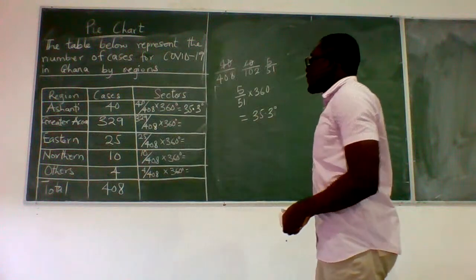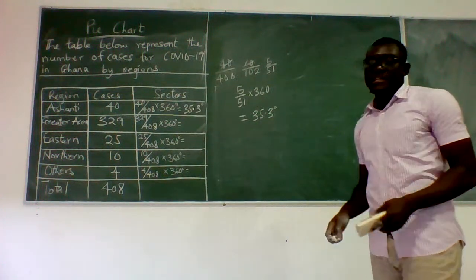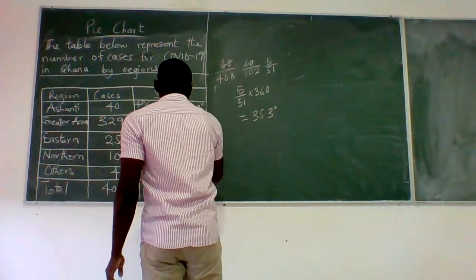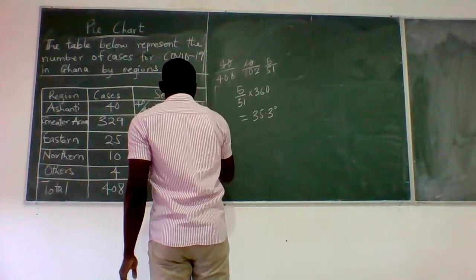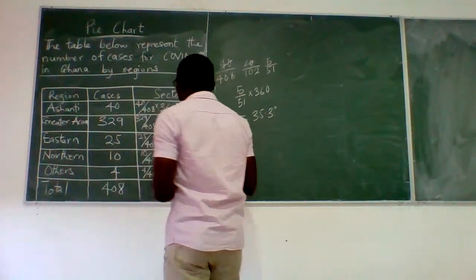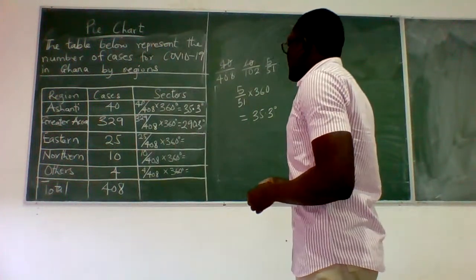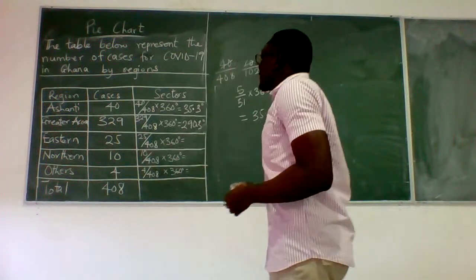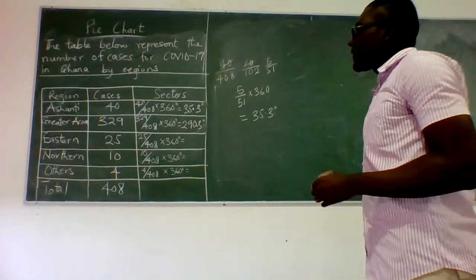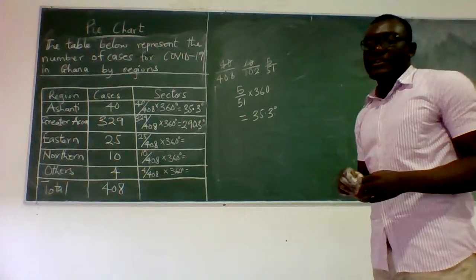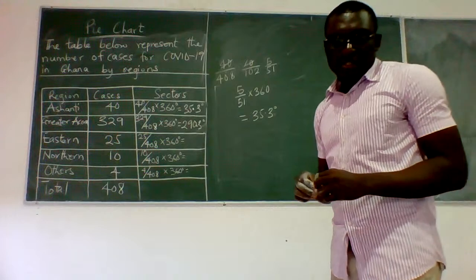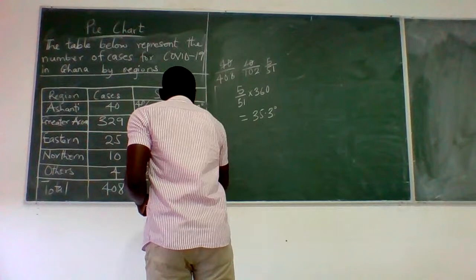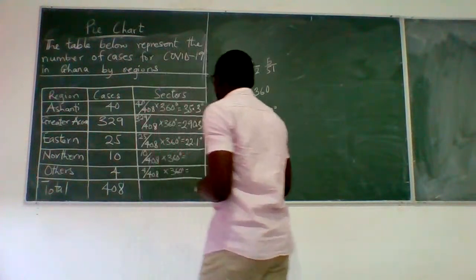So you just pick whatever is there and multiply by the 360 degrees, and that should also give you 290.3 degrees. When you pick this next one, the same thing: you have 25 over 408 times 360 degrees, and that should give you 22.1 degrees.